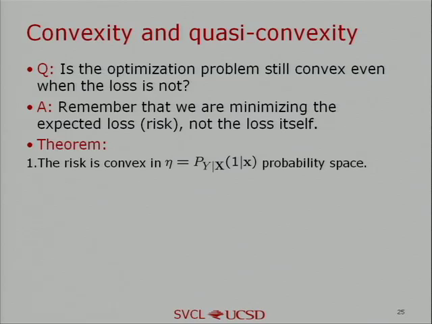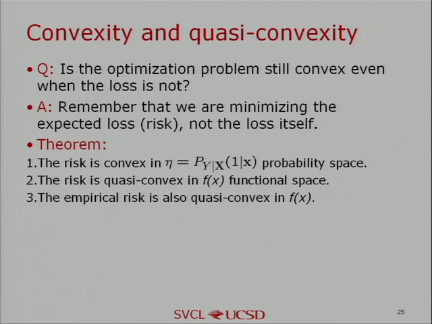So with that in mind, we can prove that the risk is actually still convex in probability space, even though the loss is not. We can also prove that the risk is quasi-convex in functional space. And this is an important proof because when you're doing classification, you're usually not working in probability space. You're working directly in the functional space. You're trying to directly find the function that minimizes your risk. So it's still quasi-convex, even though the loss is not.